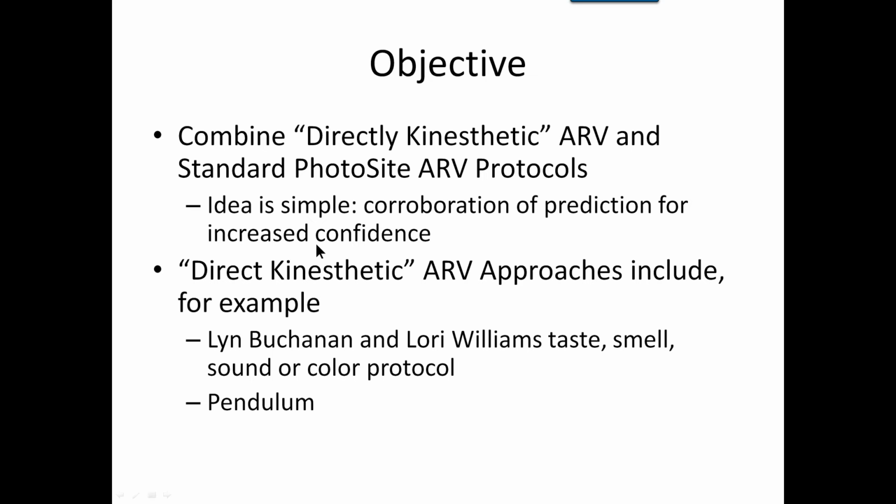Now, the idea here is really relatively simple in principle, and that is by combining the directly kinesthetic ARV approach, which are the ones down here, with the standard photosite ARV approach, where your task is to describe and sketch a photosite that you'll see in the future, to get corroboration.